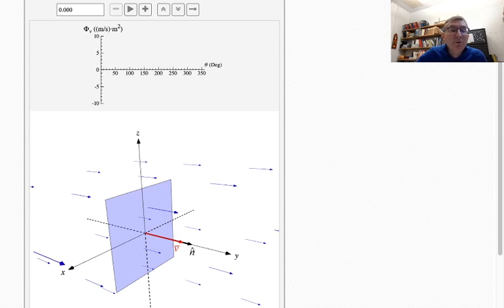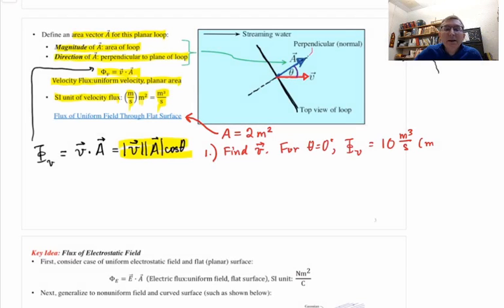So let me now show you, back on my screen, what I'm just saying. For theta equals 0, you want to find V. The velocity flux is 10 meters cubed per second, and that's the maximum it can be.